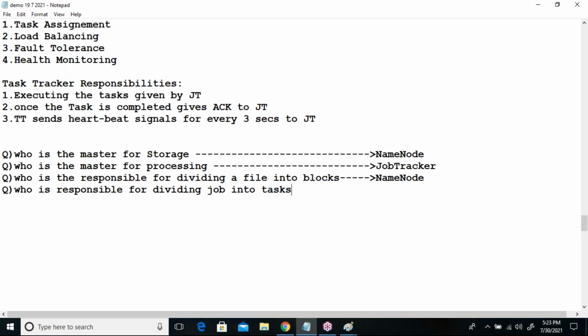Who is responsible for dividing a job into tasks? Job tracker. Job tracker is going to divide the job into tasks. Who is responsible for storing the actual data blocks? Data node, right?